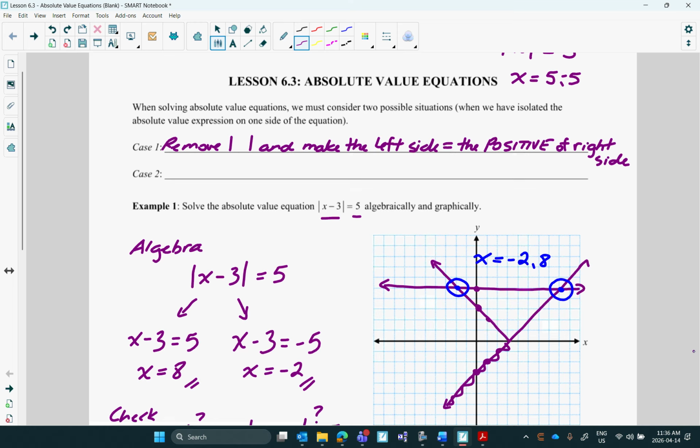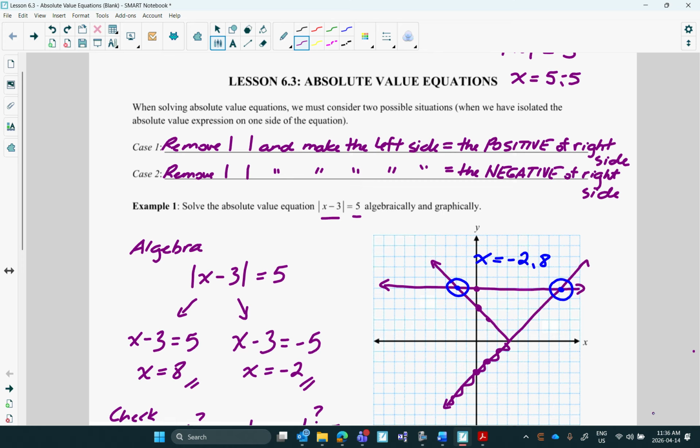We took these out, and we said, okay, x minus 3 equals the positive of this, which is still fine. And then we created a second equation by removing, and I'll just use dittos, the negative of the right side. And then, like I said, with radical equations, you have to check your solutions. Okay.